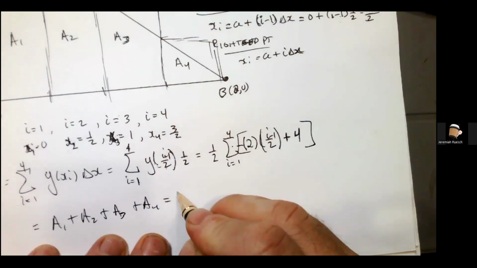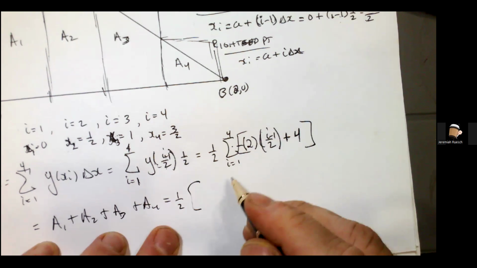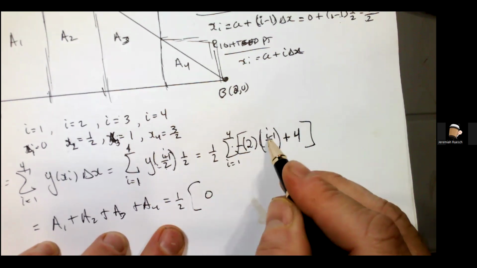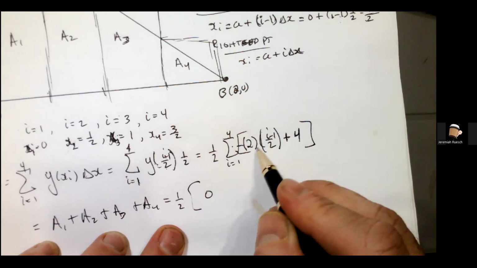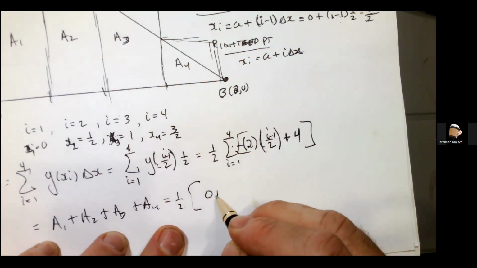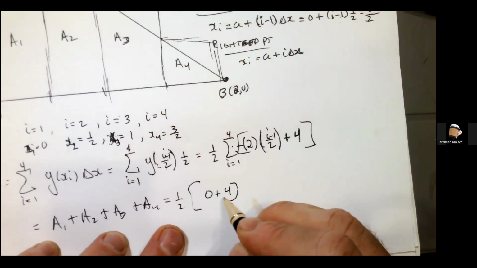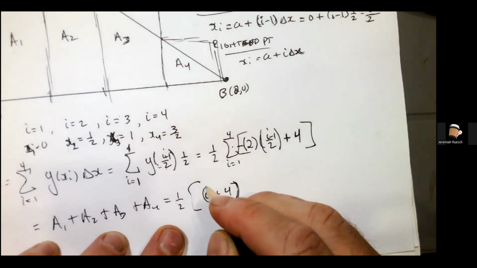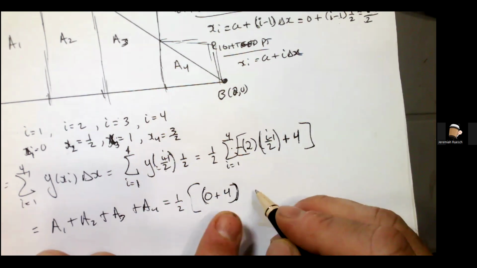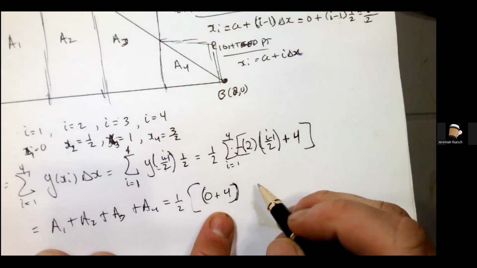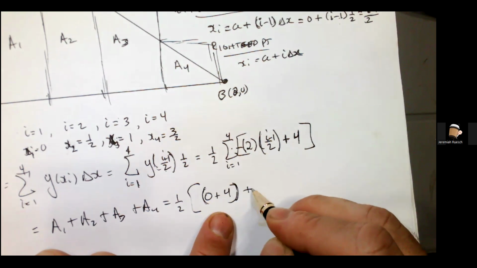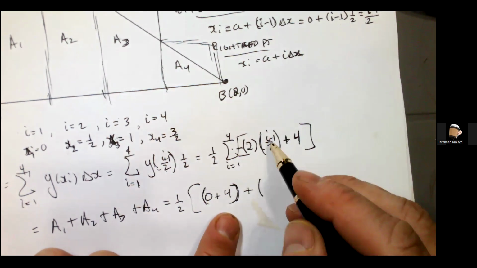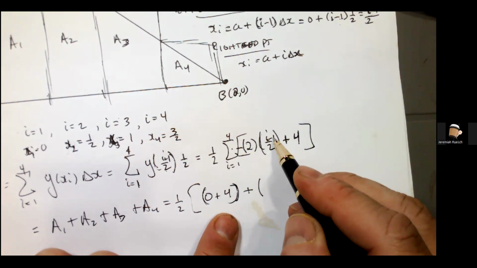Okay, so I have 1/2, that's going to be times everything. The first one's going to give me 0, because when I plug in i equals 1, 1 minus 1 is 0. So that's going to give me 0 plus 4. Okay, so that's A1. Plus, okay, and then A2 is going to be 2 minus 1, which is 1.